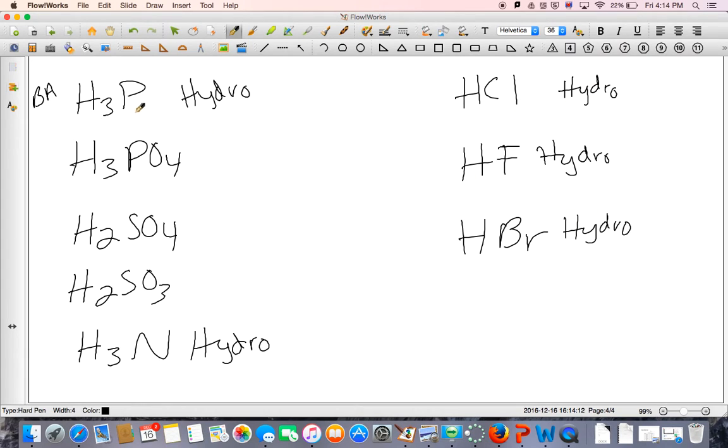The second rule is, instead of "ide", the second substance gets changed to "ic". So instead of phosphorus or phosphide, it becomes phosphoric. Down here, instead of nitrogen or nitride, it becomes hydronitric acid. Over here, instead of chlorine or chloride, it becomes chloric.